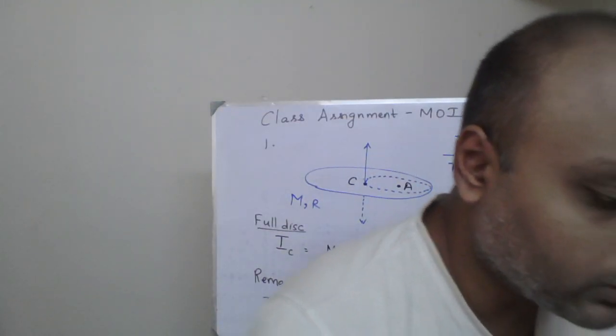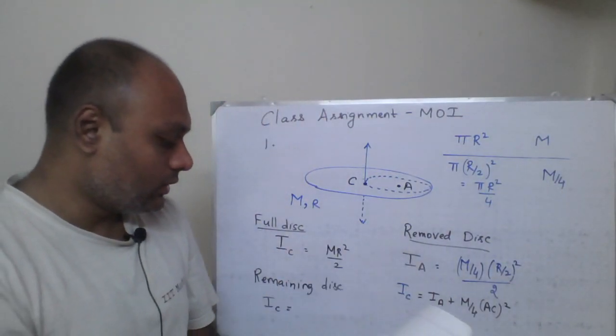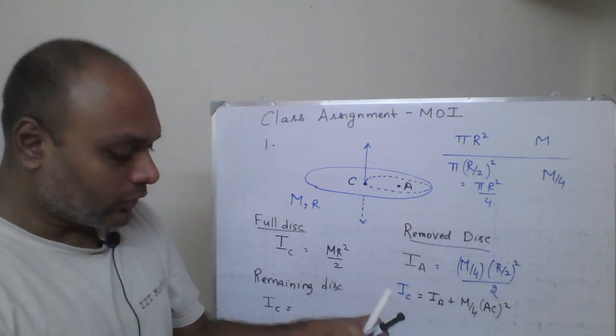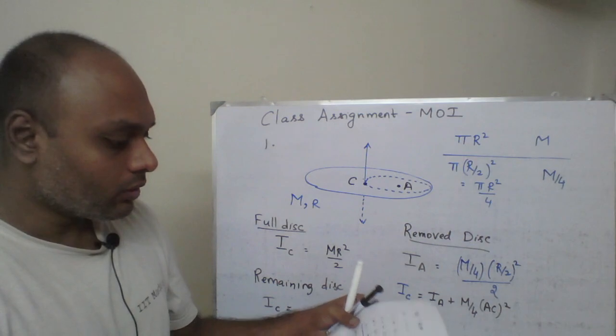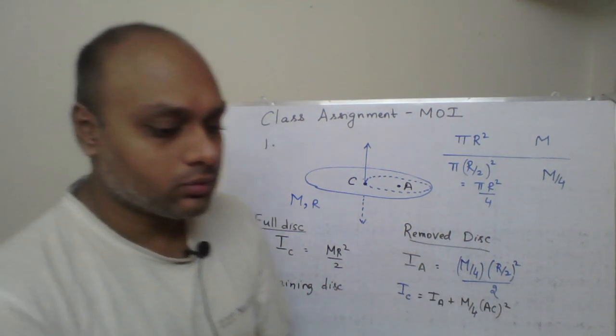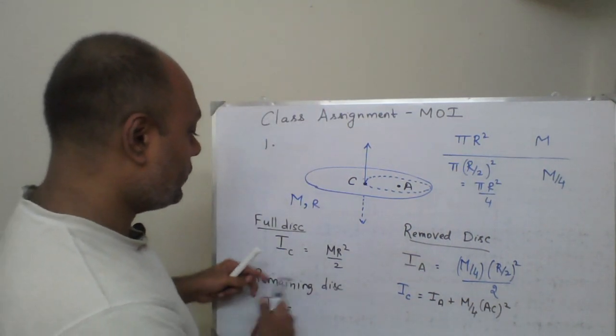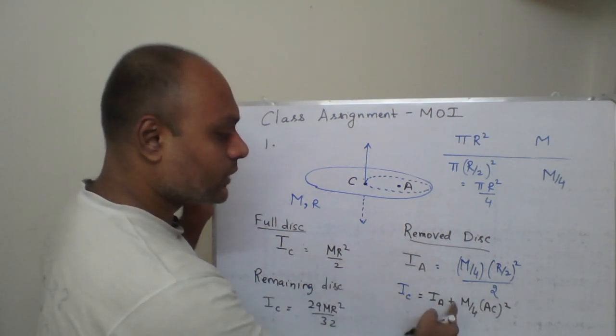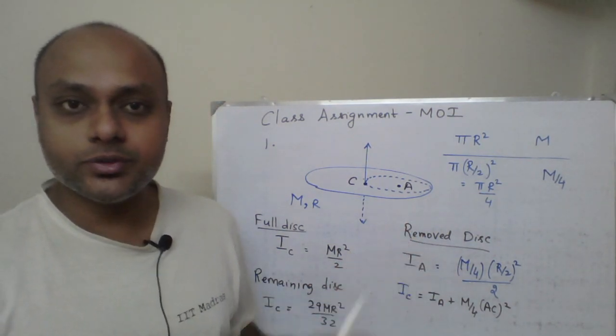I'm just giving you the final answer for that expression. The moment of inertia will turn out to be 29 by 32 mr square. So you do the working out part, you will get 29 mr square by 32. Then subtract these two expressions. Okay, so that solves this particular question.